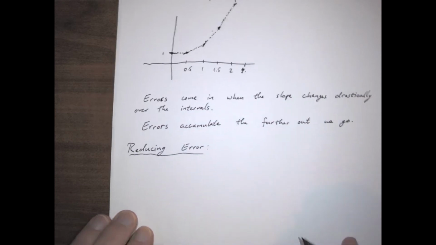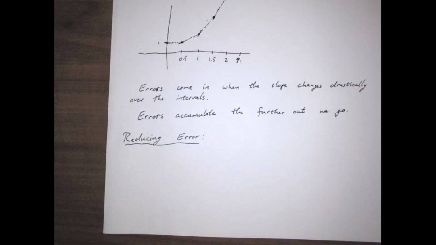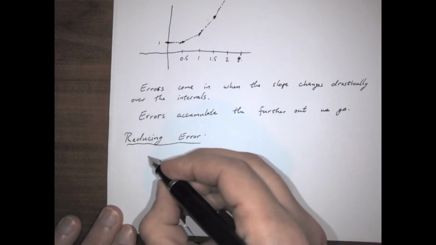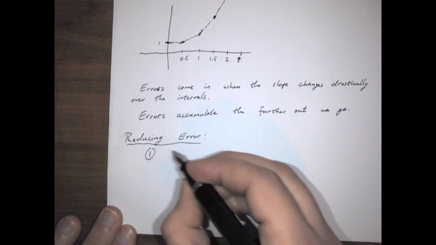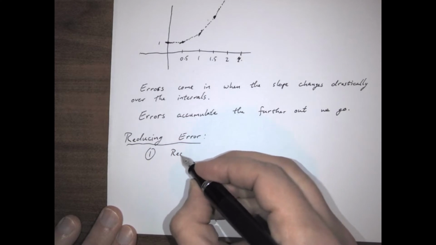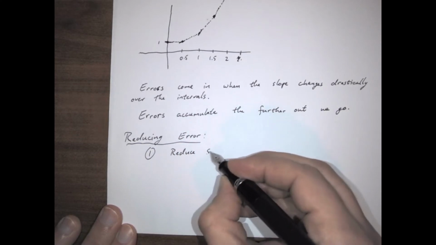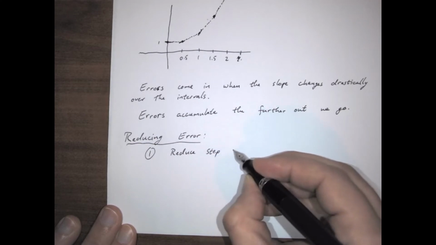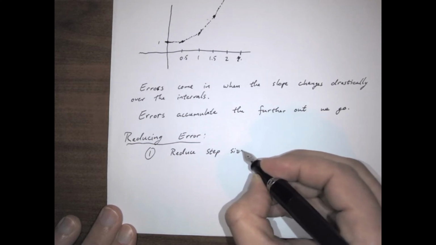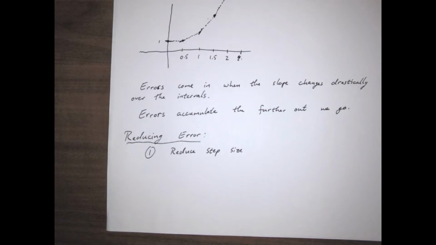So reducing the error, there are a couple of ways that we can do that. So one way is reduce the step size. And this is true for all methods.